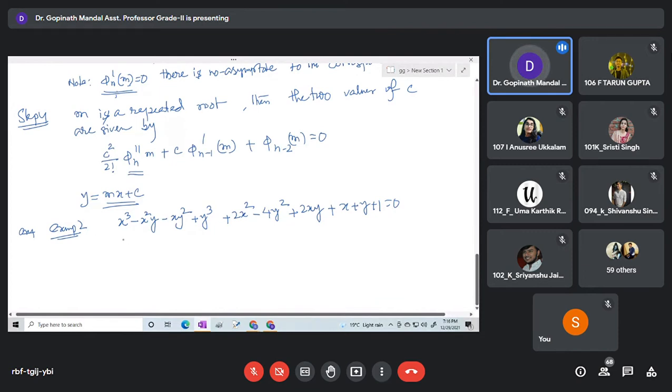So this is our curve. So first step, we find the asymptotes parallel to x-axis and y-axis.